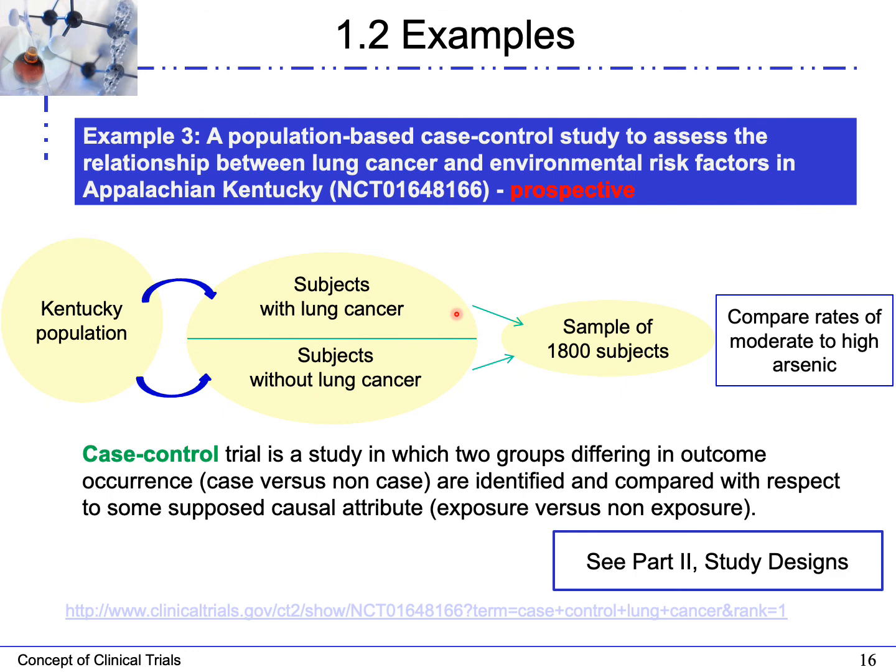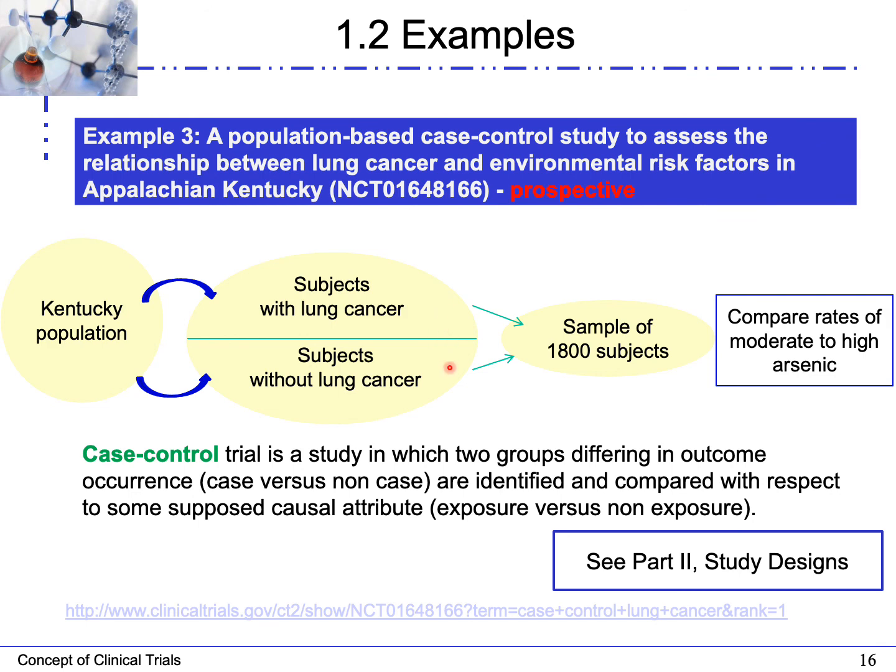So you compare patients with and without disease to determine how they may differ in what they were exposed to. So the case control is a study where the two groups differ in outcome occurrence, so patients with lung cancer and patients without lung cancer.